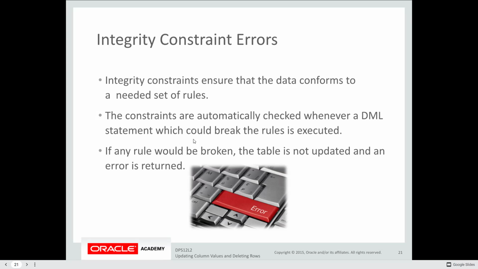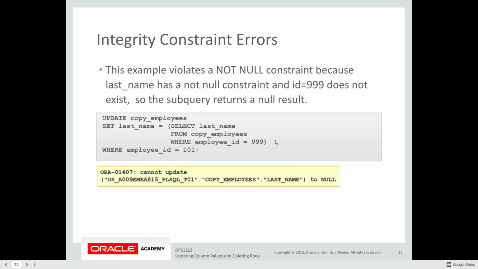All right, moving on, we do have integrity constraints and errors associated with that. Basically they are part of your database to ensure you're not deleting or updating something that you are really not supposed to. Usually a DBA will place these during the schema building process, when the database is actually being built. They're pretty stringent, straight rules that will prevent you from doing something that will cause a huge problem within your database.